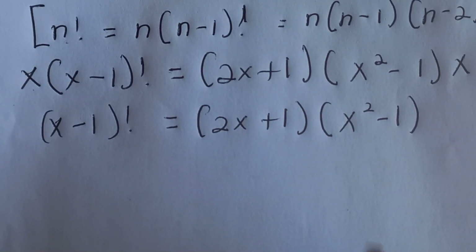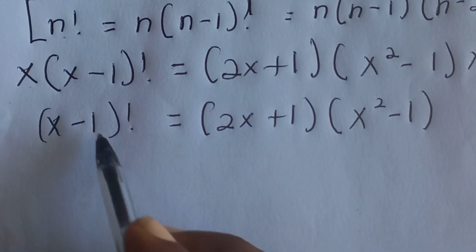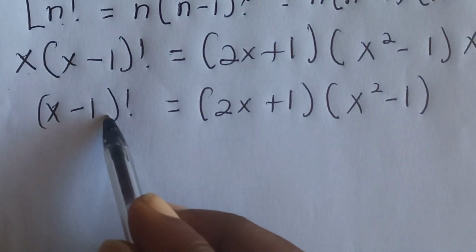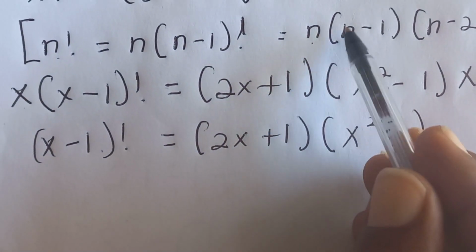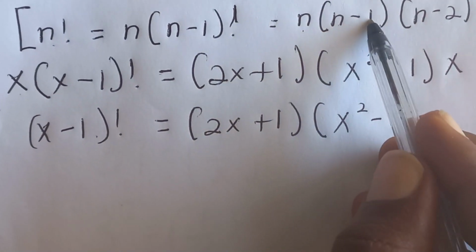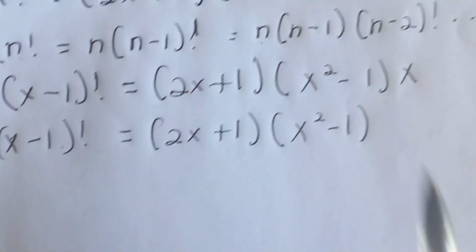With this, we can also express this (x - 1) factorial as n into (n - 1) into (n - 2) all factorial.